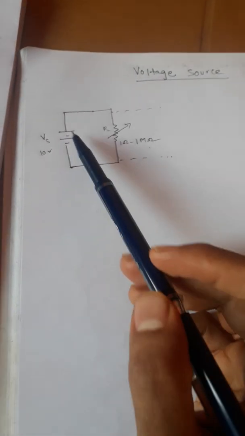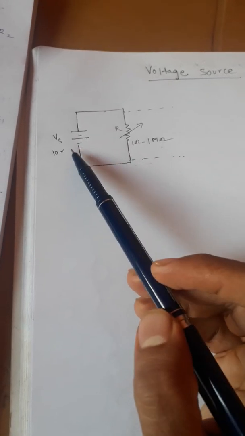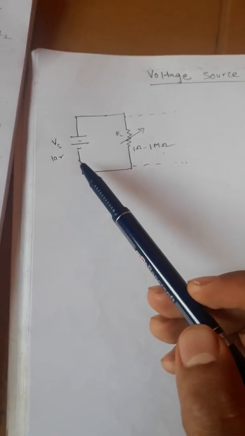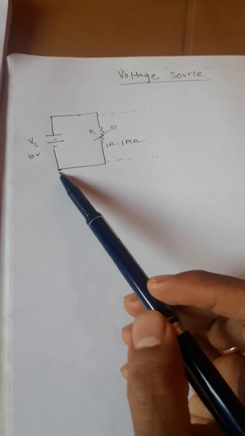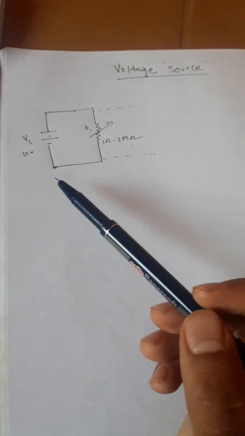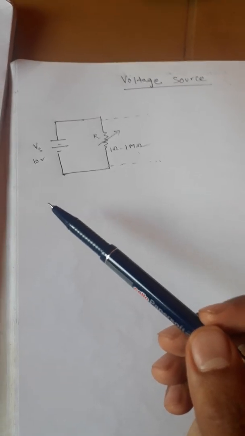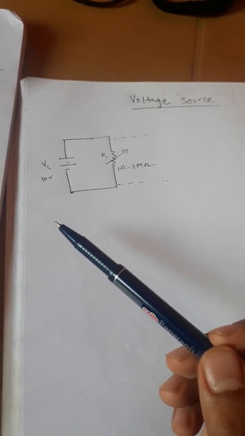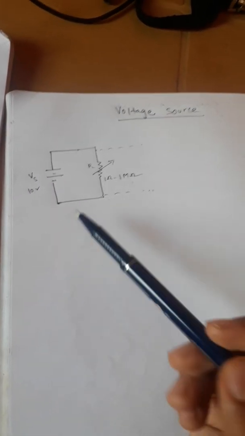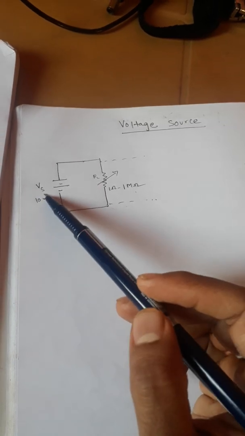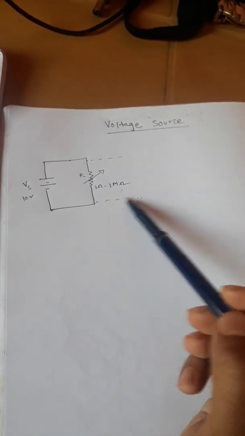Because there is no other resistance here where there will be potential drop. We consider these wires as perfectly conducting wires, with no drop, and this voltage source has no internal resistance. So whatever potential we apply here, the same potential will appear across these two ends.